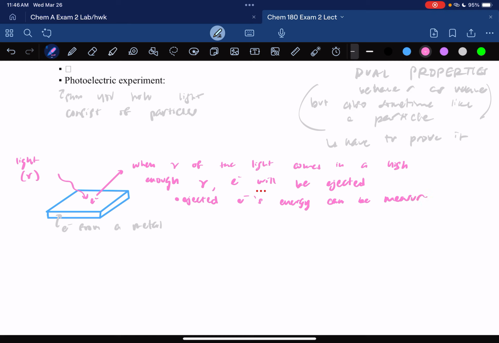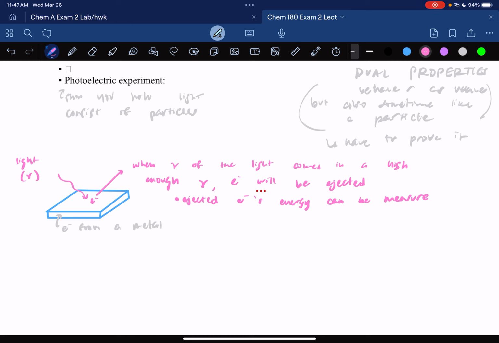So this does not agree with what we expect. We expect that when you have light coming in, and I increase it, remember we said light energy is related to its frequency. So let's write that down.